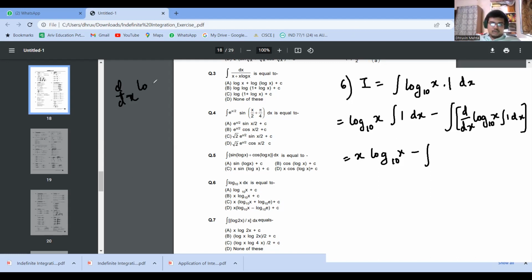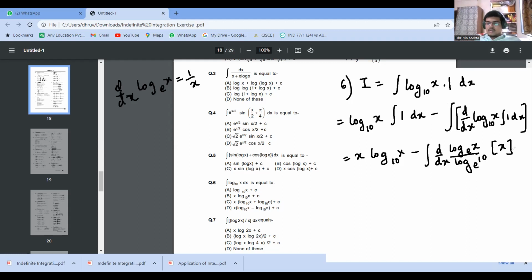If it is derivative of log x to the base e, that is 1 by x. So now the main point is how will we convert this to base e? So we can write this as log x to the base e upon log 10 to the base e. And integration of 1 will be x.